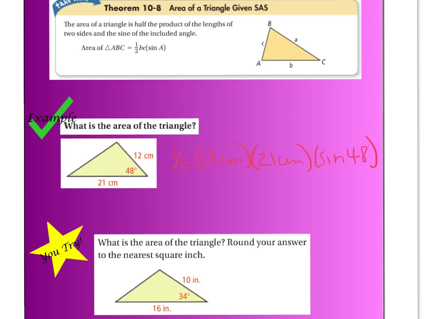I get that my area equals 93.6 centimeters squared. So all I have to do is multiply using this formula, 1/2 times each of my 2 sides times the sine of my angle in between them.